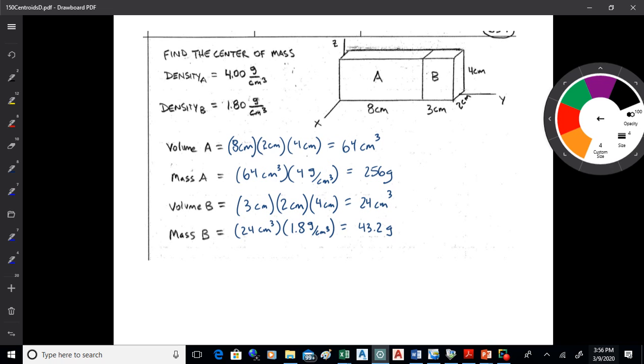So this just involves an extra step. So 64 centimeters cubed and 256 grams for A, and 24 centimeters cubed and 43.2 grams for B.